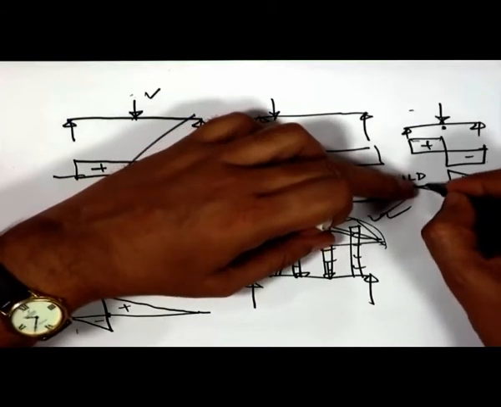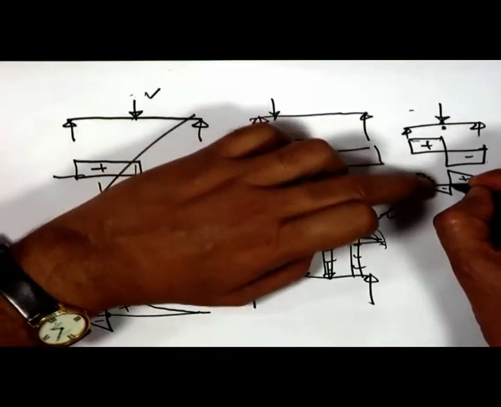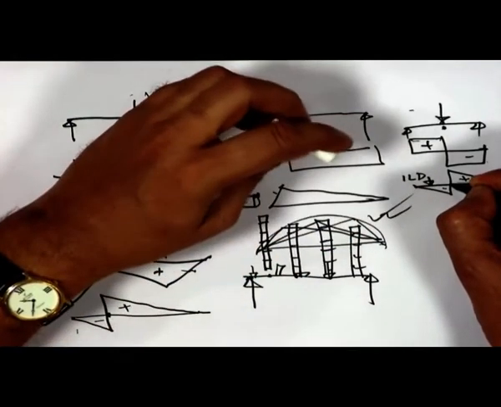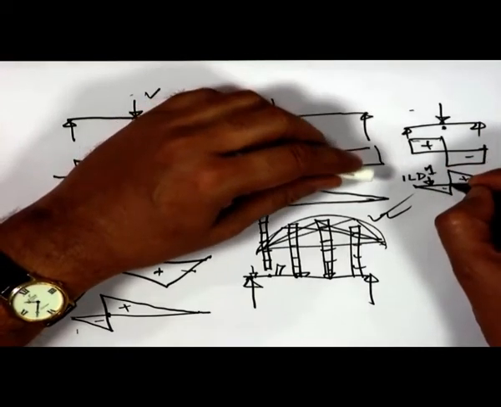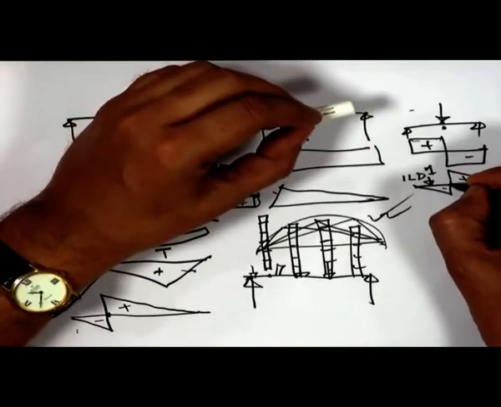If my load is here and I am sitting here, the shear force here is plotted with a unit force. When it moves, the shear force is indicated here. That means I am always sitting here. This is probably the source of confusion for students.